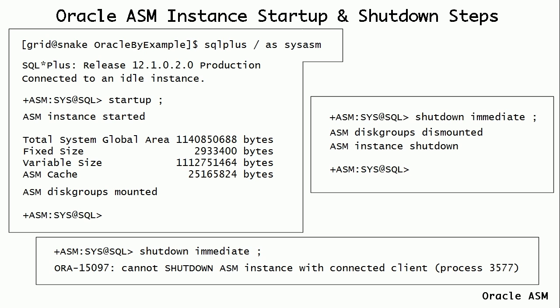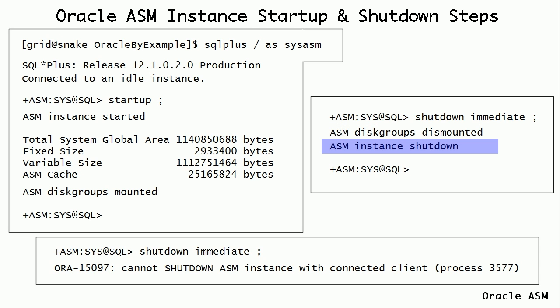If Oracle ASM instance is up and running, it can be shut down using the Shutdown Immediate command. Oracle ASM will wait for any in-progress operations to complete. During shutdown, first Oracle ASM disk groups are dismounted.